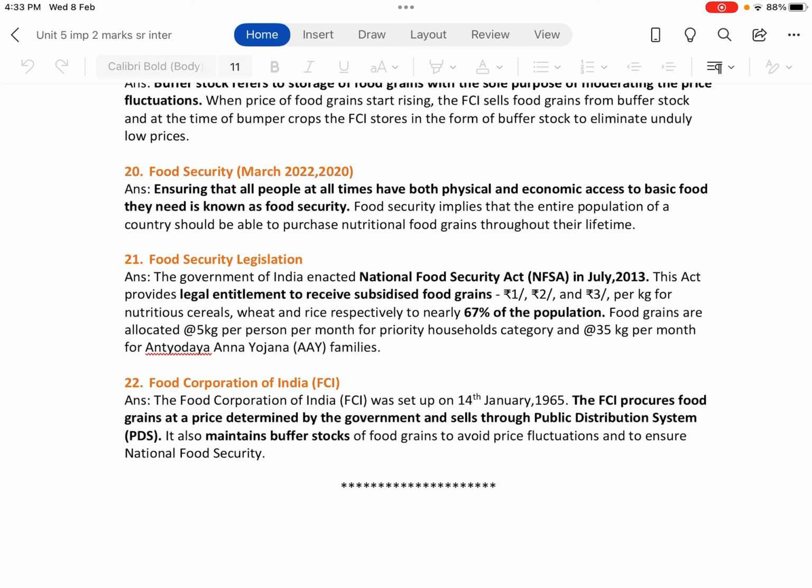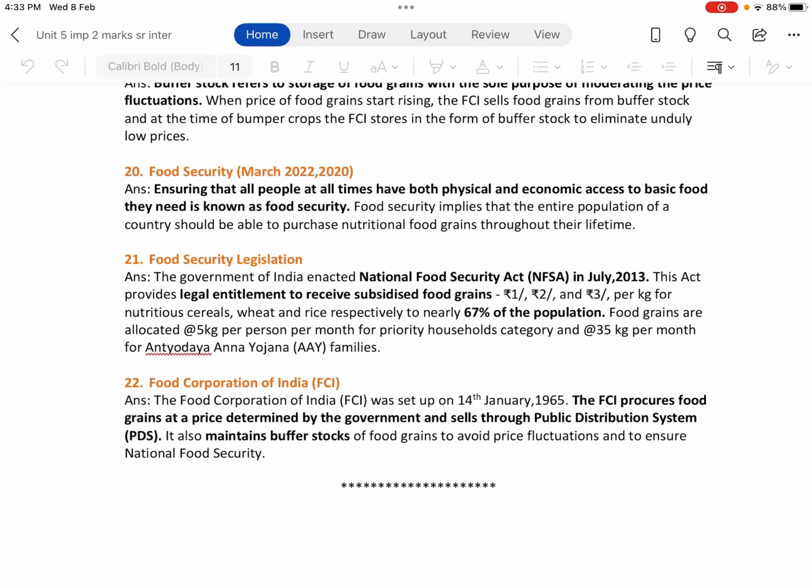So the price fixed was 1 rupee for cereals, 2 rupees for wheat and 3 rupees for rice per kg. So at 1, 2 and 3 rupees per kg for nutritious cereals, wheat and rice respectively, to nearly 67% of the population in the country.